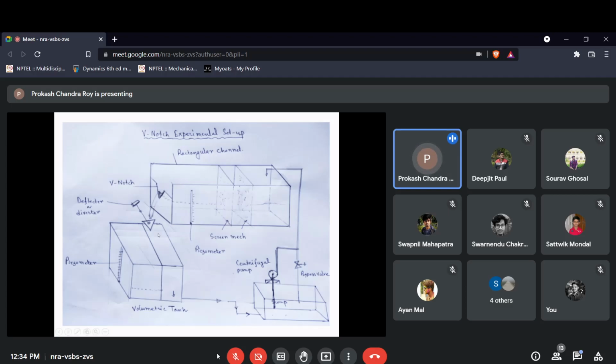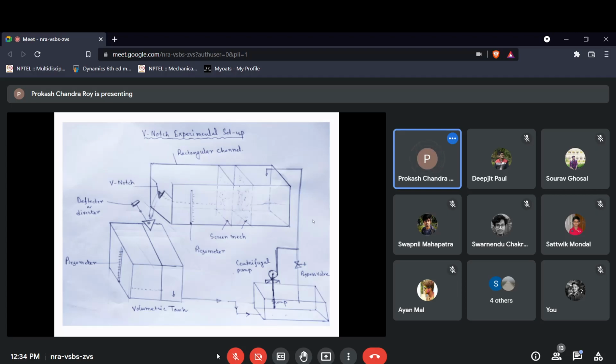On the other hand, when you do not take the reading, your deflector position will be at this chamber, and the water will come to the sump and create the complete cycle like this. So there is continuously a flow.